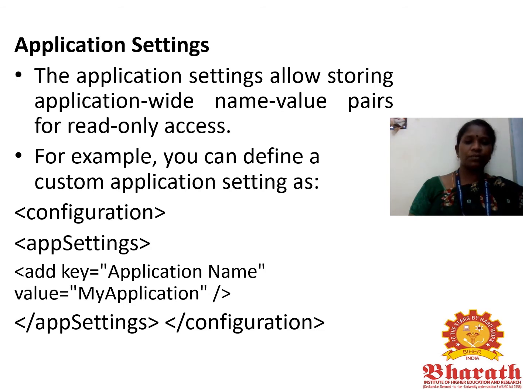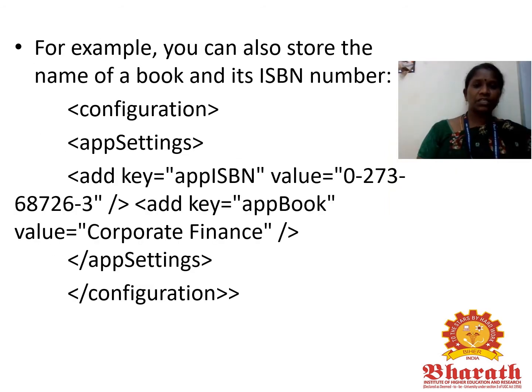This is the example syntax of the application settings. An example of application settings used with the ISBN number concept: first configuration, application settings, the key. What is the key? Suppose for any book you can apply the ISBN number, or Balaguru Sami, any book.